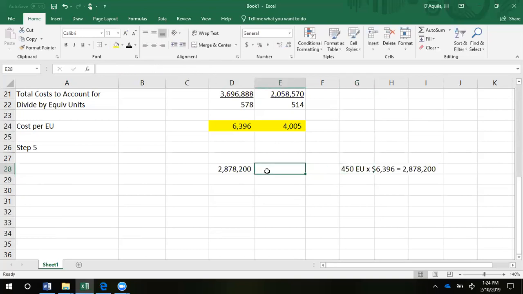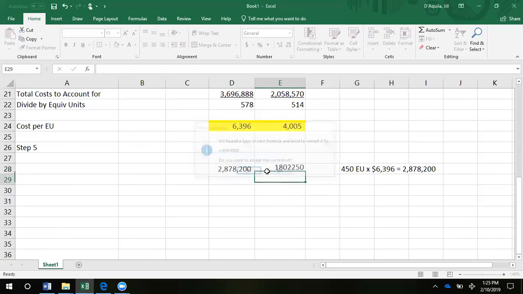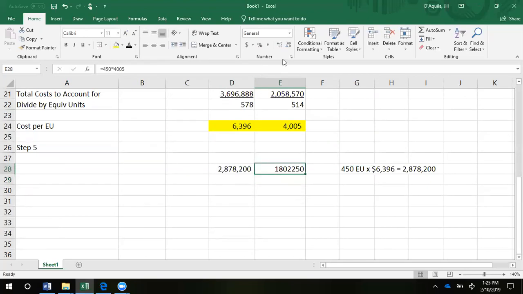Right over here, if I take 450 equivalent units times $4,005, it gives me $1,802,250.